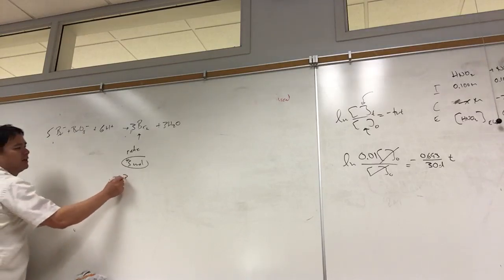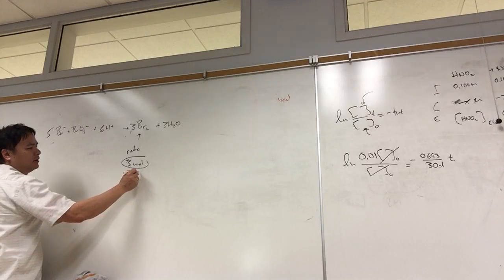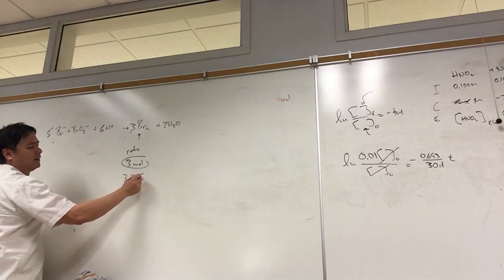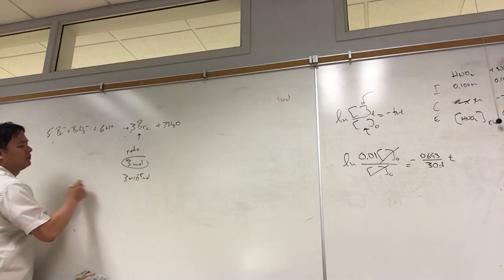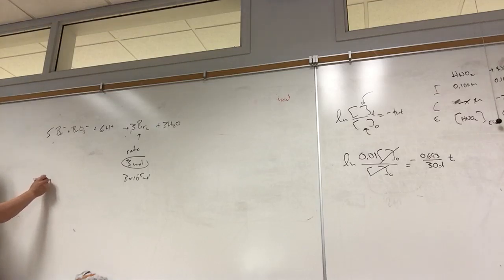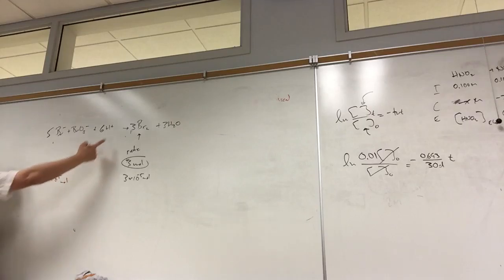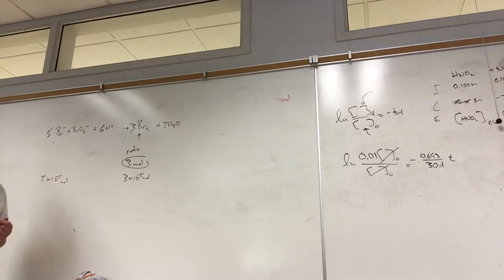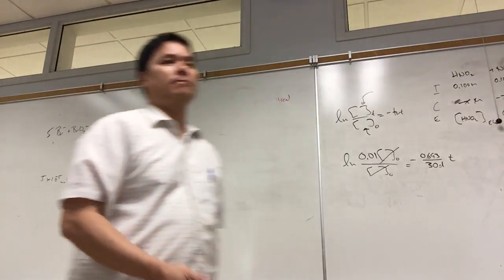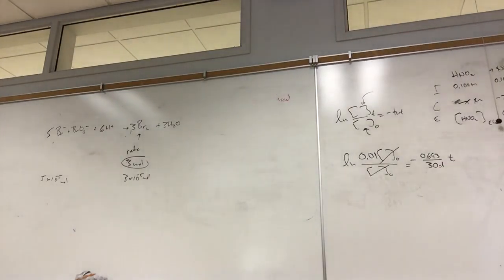And so if we have 3 times 10 to the minus 5 moles of bromine, then we must have consumed 5 times 10 to the minus 5 moles. Because it's a 3 to 5 mole ratio. Okay.